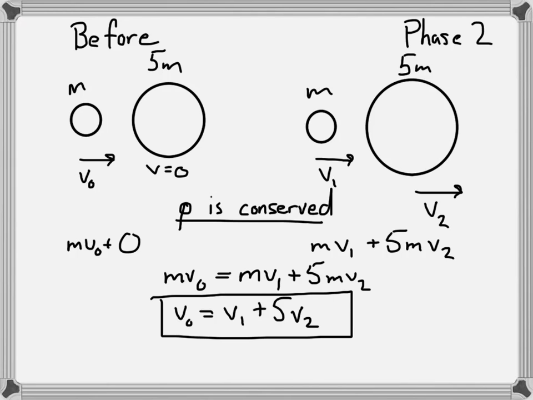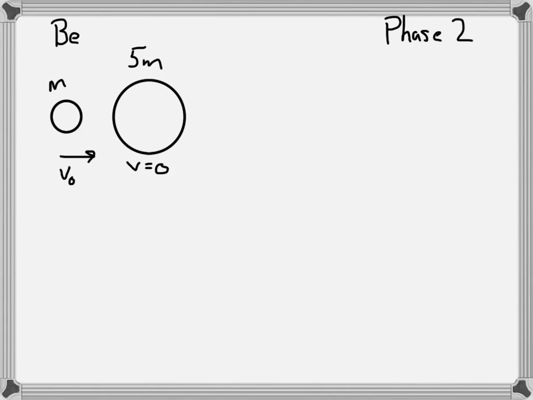Okay, so that is momentum conservation, but problem number 5 told us that this collision is elastic, which means that not only is momentum conserved, but kinetic energy is also conserved. So now let's handle kinetic energy conservation. So let's redraw the diagram.